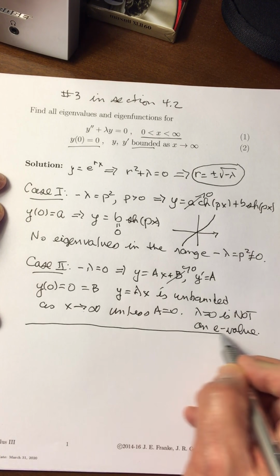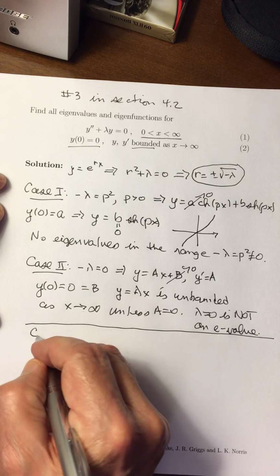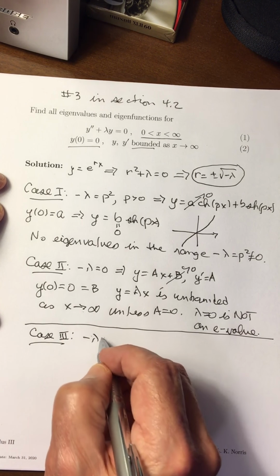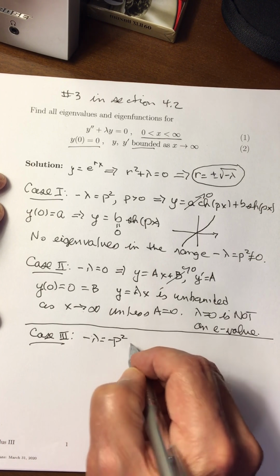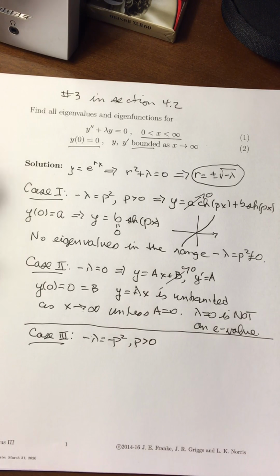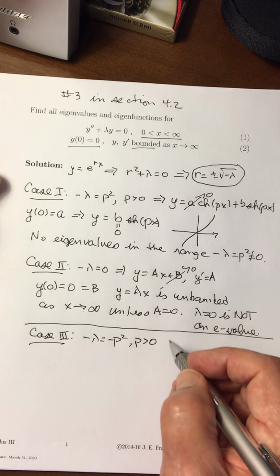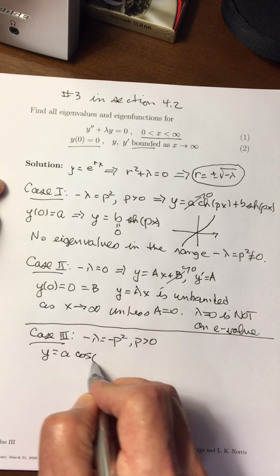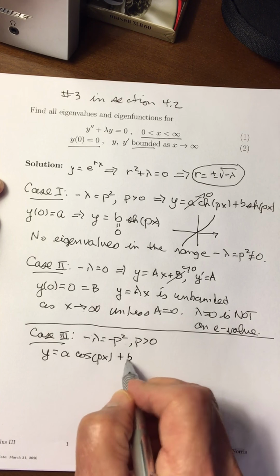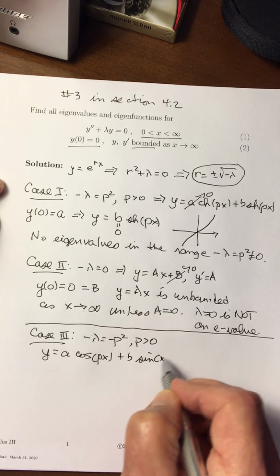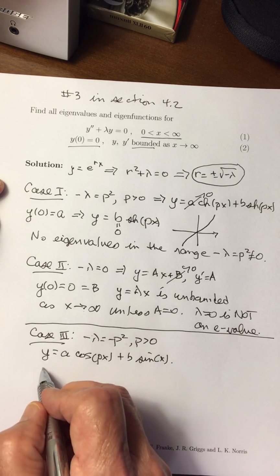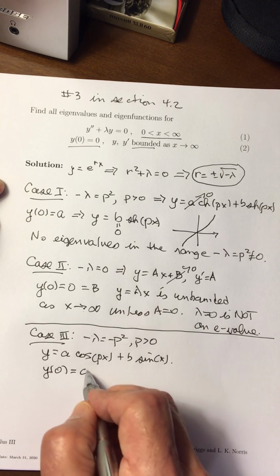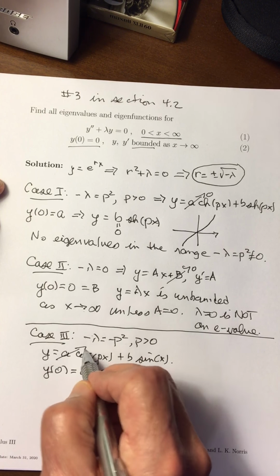Finally, the last case, case 3, the third possibility, is minus lambda equals minus p squared, p positive again. So this tells us that the general solution is y equals a cosine px plus b sine px. The first boundary condition, y at 0 equals, well, cosine is 1, sine is 0, is a, so a is 0.